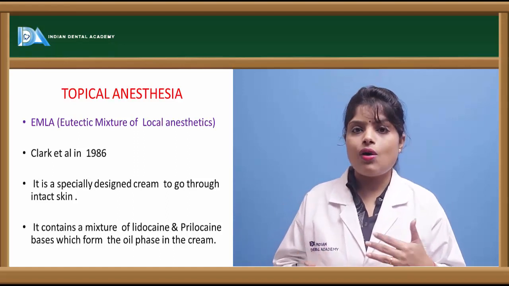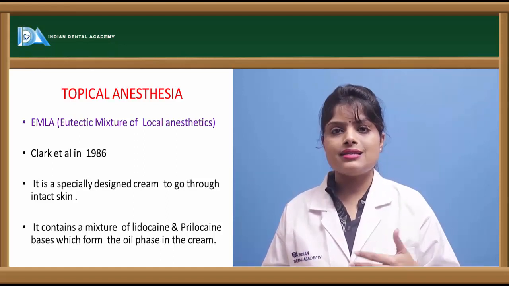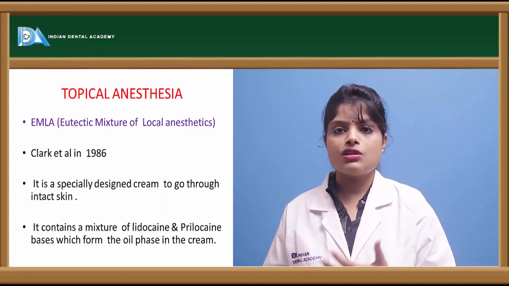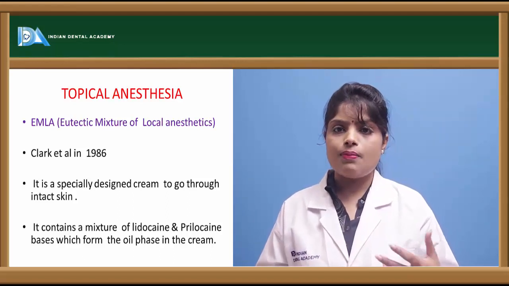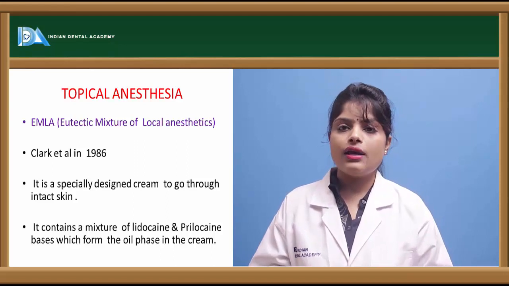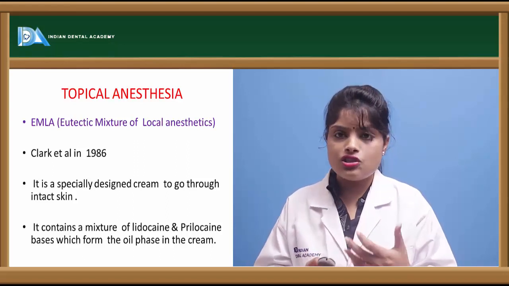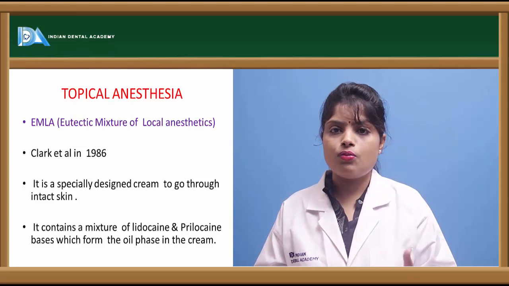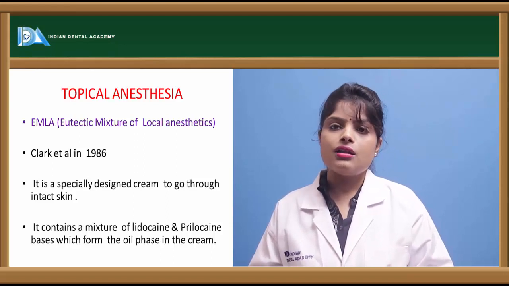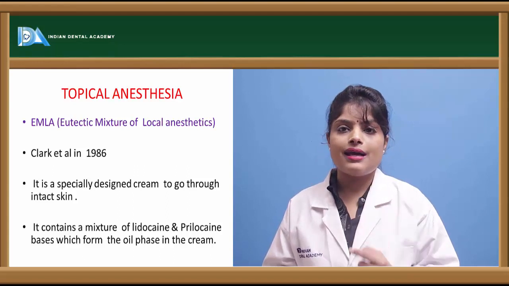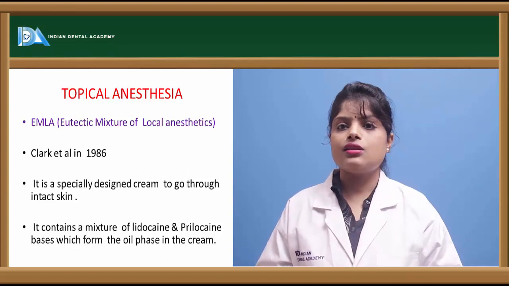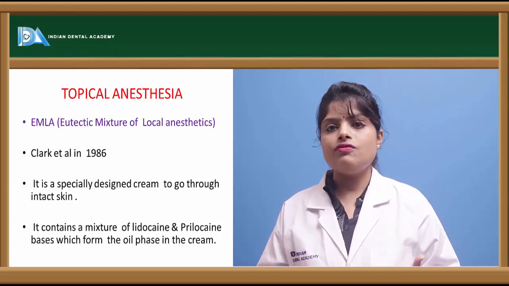One of the most advanced forms of topical anesthesia is EMLA, which is the eutectic mixture of local anesthetics. It generally contains prilocaine and lignocaine in gel form. It is a mixture of both of these, and the main suspension is the oil phase in the cream. We apply the gel to that particular area, and this prevents any discomfort to the patient.